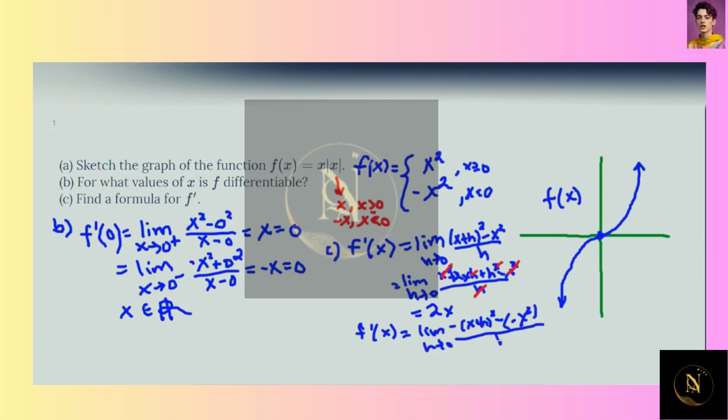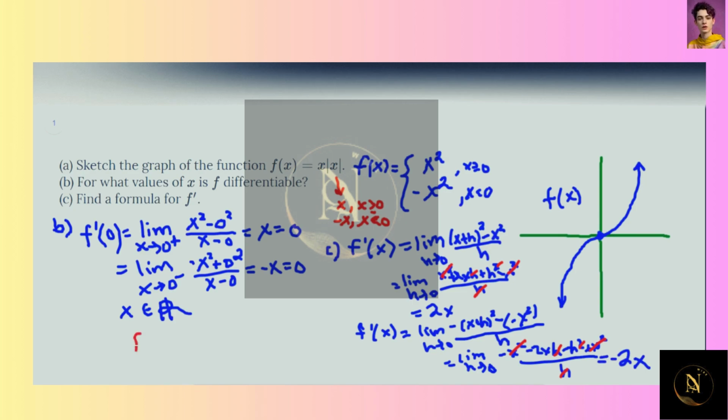So we'll have the limit as h approaches 0 of negative x squared minus 2xh minus h squared plus x squared, divided by h. And then here, negative x squared and positive x squared cancel. One h cancels with each of the other terms in the numerator. And since h approaches 0, this h term approaches 0, meaning that our derivative is negative 2x in the region for x less than 0.